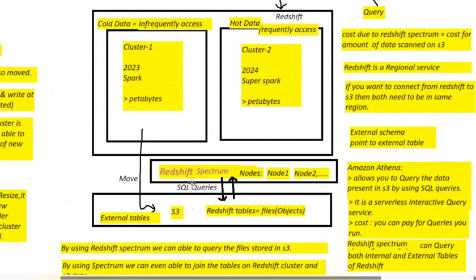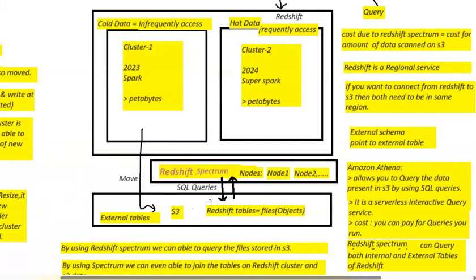So how can you provide that permission? By using IAM roles. You can attach that IAM role to Redshift Spectrum so that it gets temporary permissions to access the S3 resource and the files present under that S3.